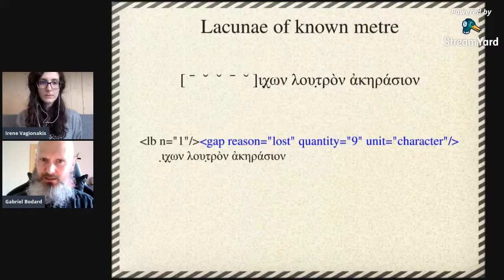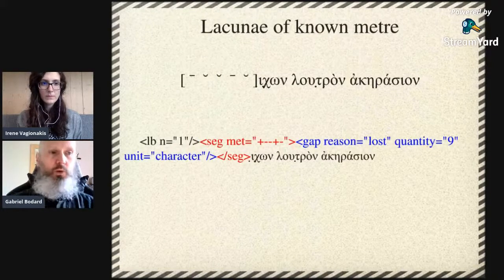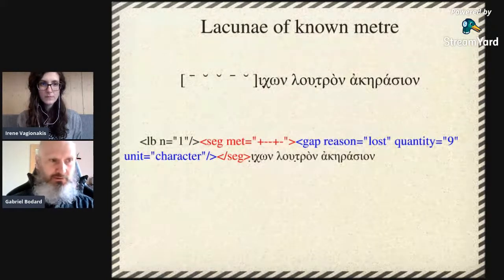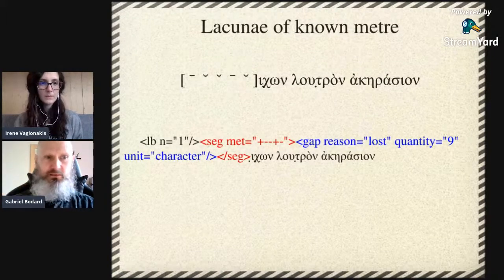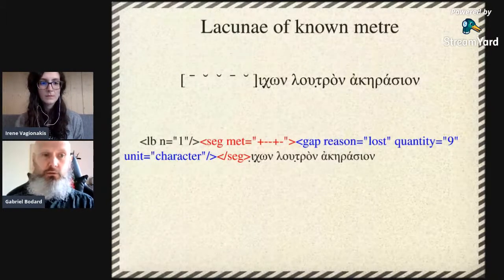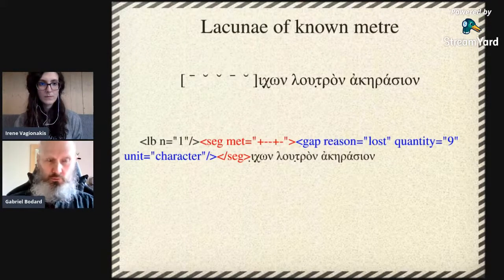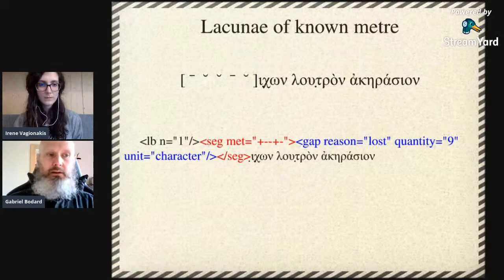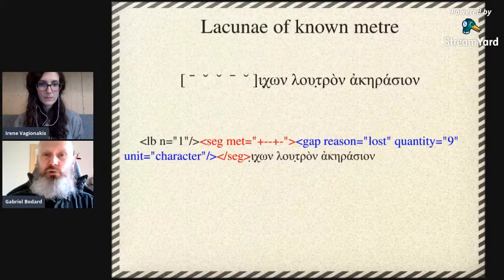The semantic information about its meter is something we add as a separate layer to that. And what we use for that is this element seg, which is just saying this is an arbitrary segment of the text, and we give again this met attribute. So we're not talking about the realization of the meter of that lacuna, because we don't know the exact scansion of the lacuna, but we know its metrical shape is long, two short, long, short. That could have originally been realized by, you know, 2 longs and then a long and a short, but this is the general shape of it.